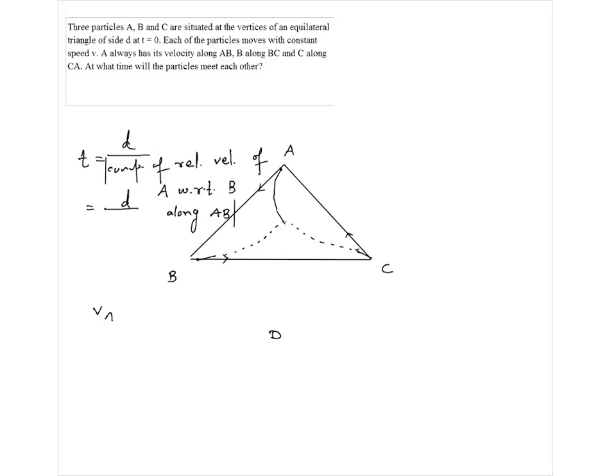Velocity of A is already along AB. Then VB is not along AB. So VB cos 60. VB cos 60.